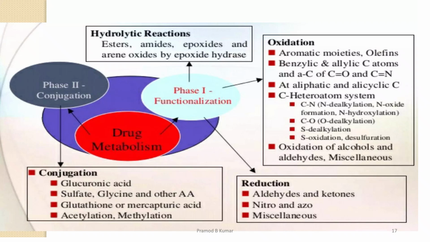Reduction is conversion of aldehydes, ketones, nitro and azo compounds. Hydrolytic reactions involve esters, amides, and epoxides, arene oxides by epoxide hydrolysis. Phase 2 conjugation involves conjugation with glucuronic acid, sulfates, glycine, other amino acids, glutathione, mercapturic acid, acetylation and methylation. So overall this is what happens in phase 1 and phase 2.